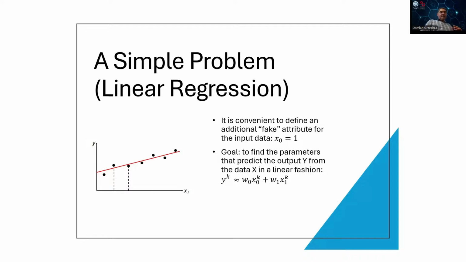In simple regression it is very convenient to define an additional attribute that is called a fake attribute. We call it x0, and x0 is just 1, always 1. We call it a bias. So x0 is the bias, x1 is a feature, and it should lead to some output result.